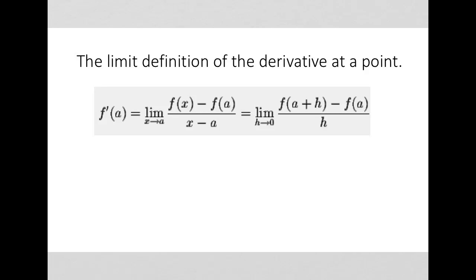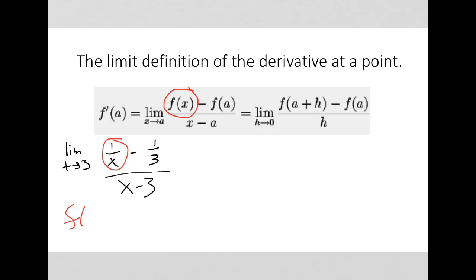You were looking at the limit definition of a derivative at a specific point. So the first one was written as the limit as x approaches 3 of 1 over x minus 1 over 3 all over x minus 3. So look at the pieces. Our first term was our function, so f of x equals 1 over x.